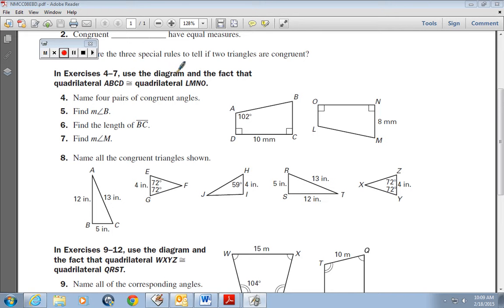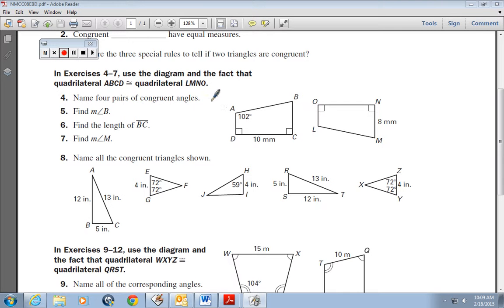Draw your rainbow. Okay? And it asks you to name the 4 pairs of congruent angles. By drawing your rainbow like that, from there all you need to do is something along the lines of, okay, angle A corresponds to angle L. And then you need to do it for the next 3 angles.